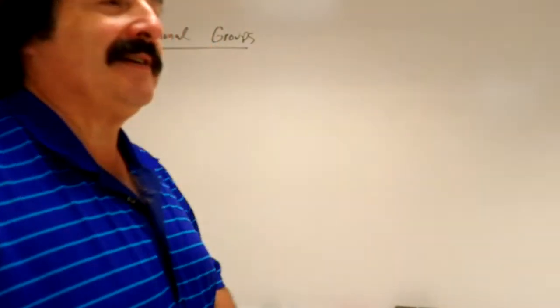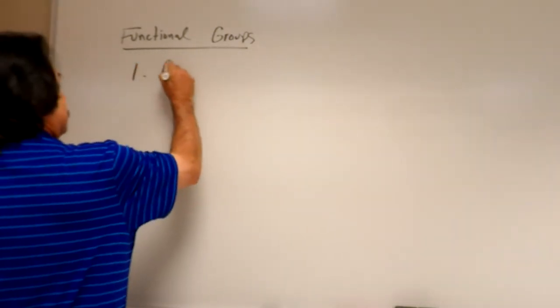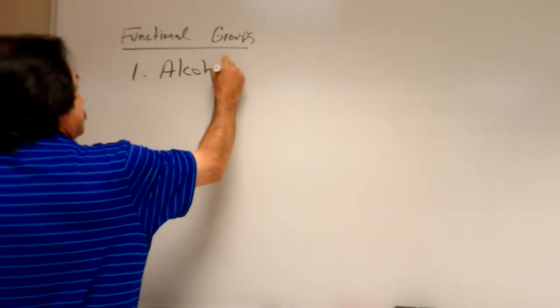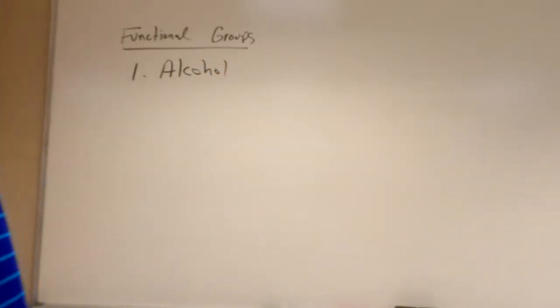So first, we want to be able to identify some functional groups. If you're taking a look at the bottom of page 14, our first functional group is called an alcohol group. Okay, the alcohol group also goes by the name hydroxyl. Make sure that you understand both of those.